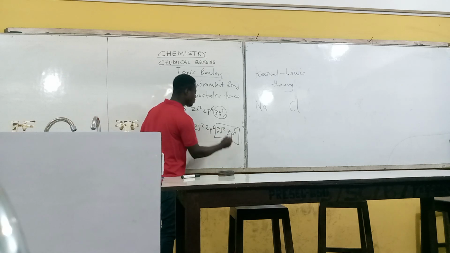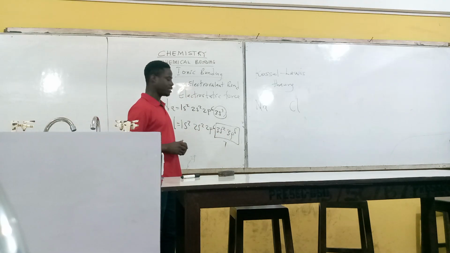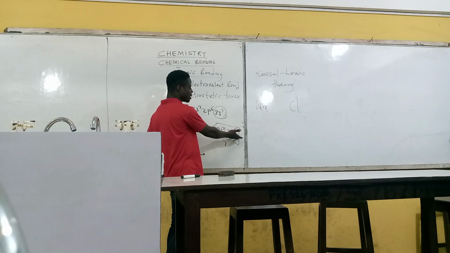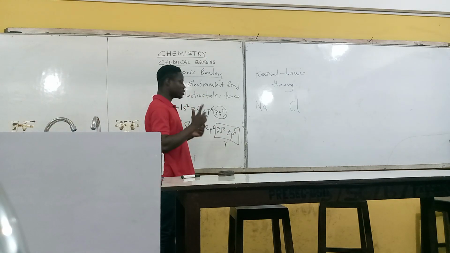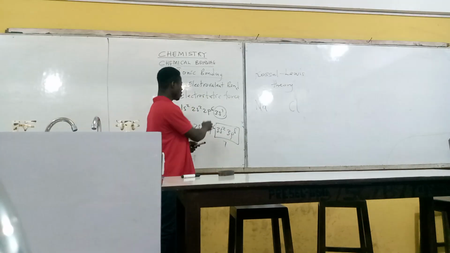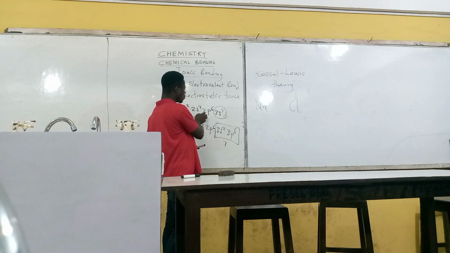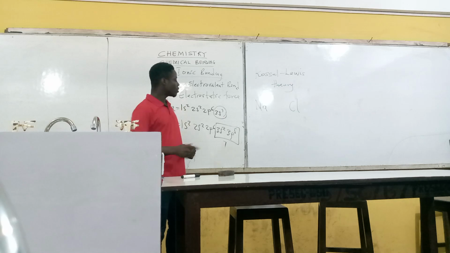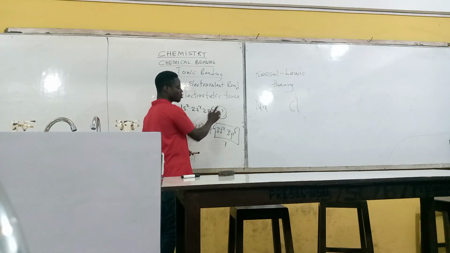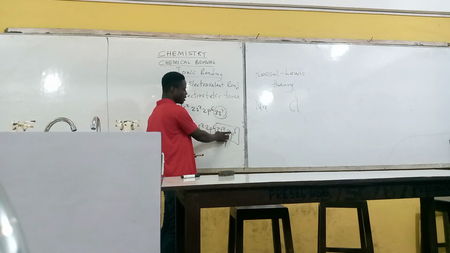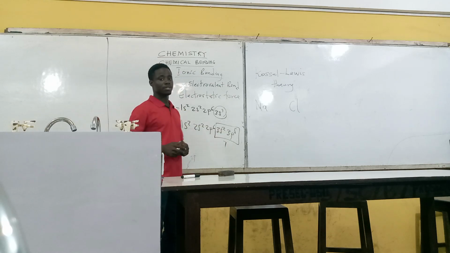So chlorine has 7 as its valence electron. Take note of this. Do not say that because this is having 5, so that is 5. No. Consider the principal quantum numbers. We use this because this quantum number is different from this. This is 2 and this is 3. So you cannot say this is having 6 plus 1. But you can only say that for this because these have the same principal quantum numbers.